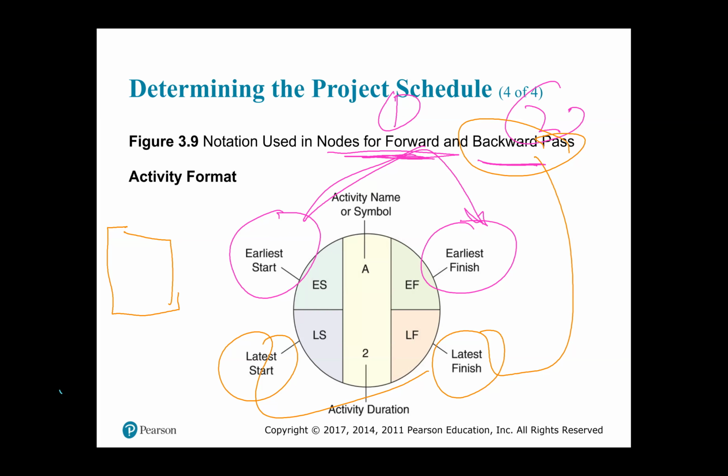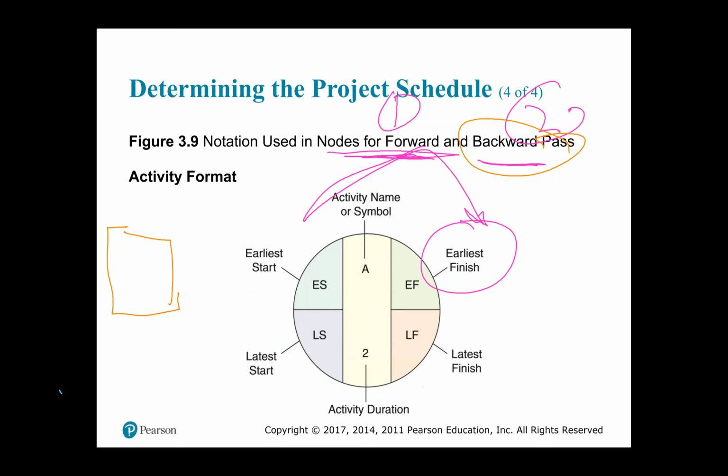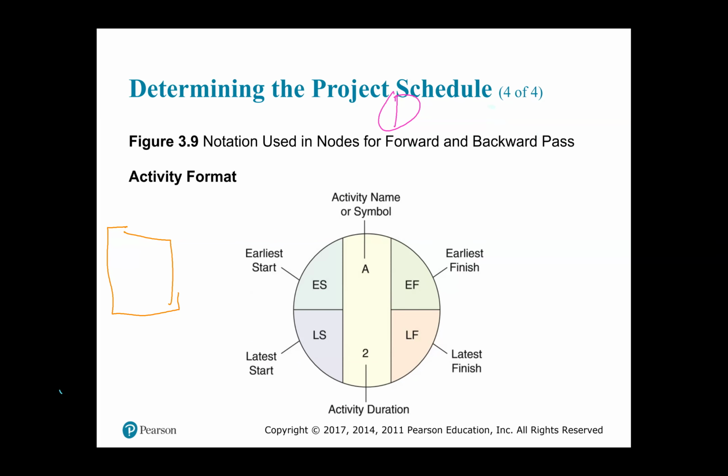So in the top left hand of the node, you will find your early start. Call it ES. In the top right hand of the node, you will find your early finish.